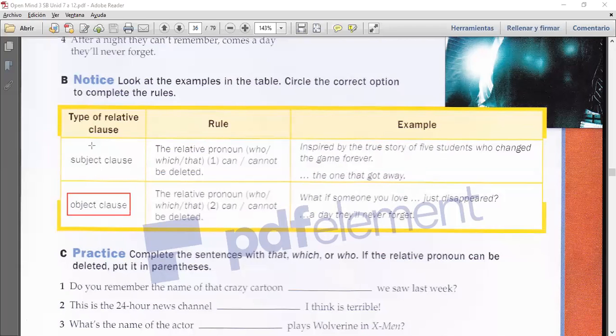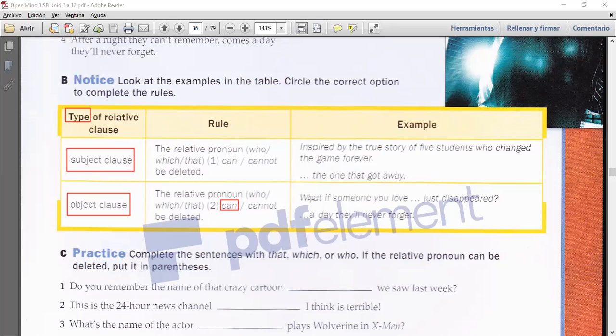Object clause is another type of relative clause. We explained this. Now we are here. Object clause. It says the relative pronoun who, which, that, whichever you choose, can be deleted, can be eliminated, can be taken away, can be removed.